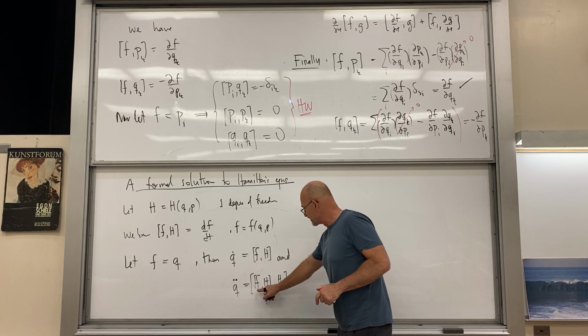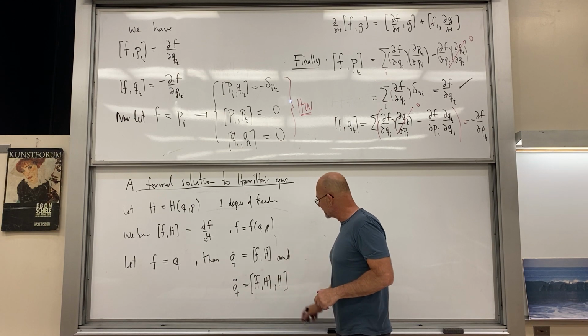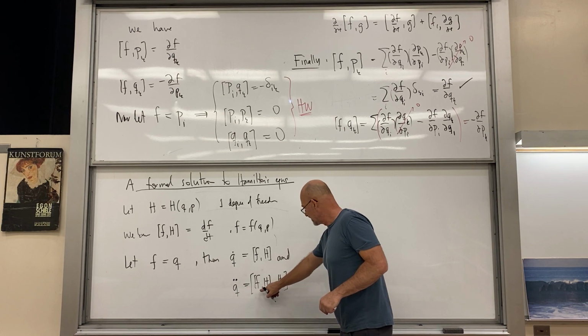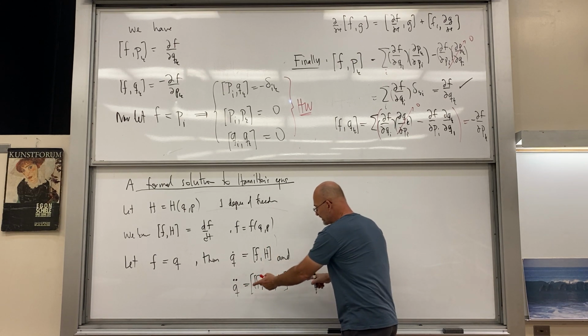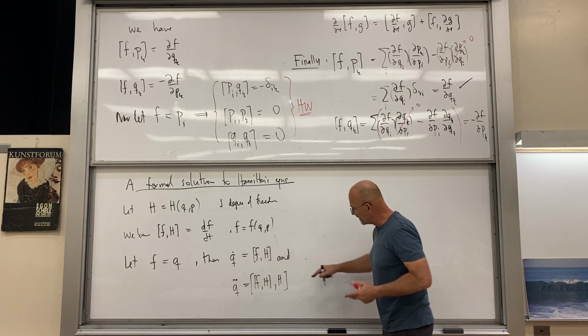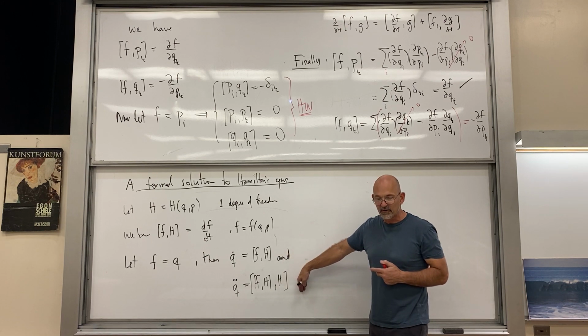So we could have, for a third derivative, this object in the Poisson bracket with H again.